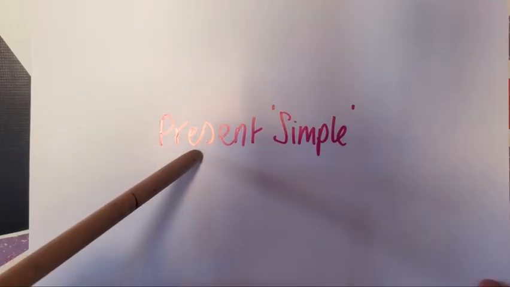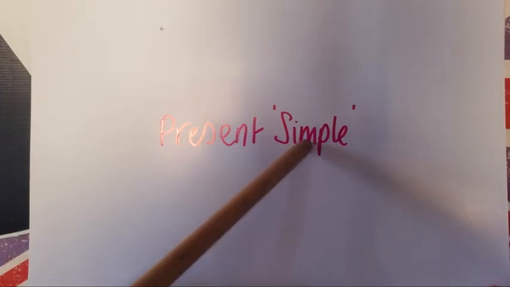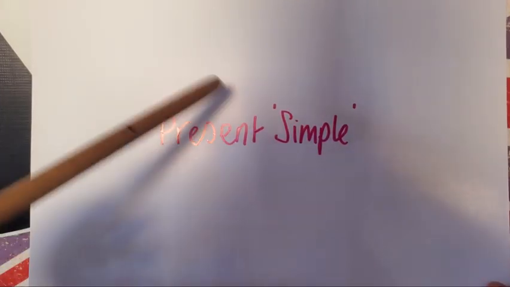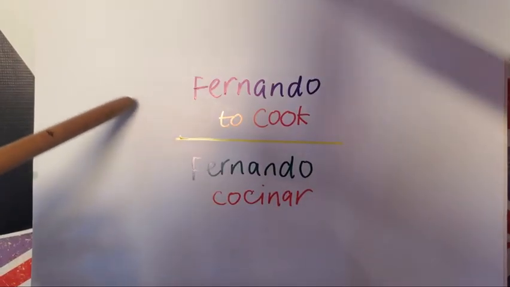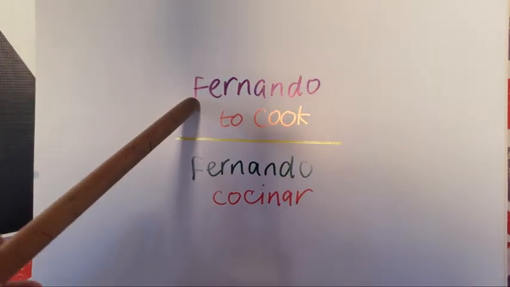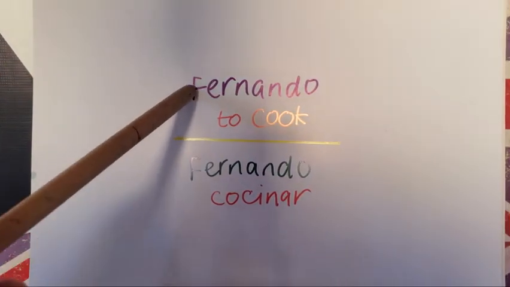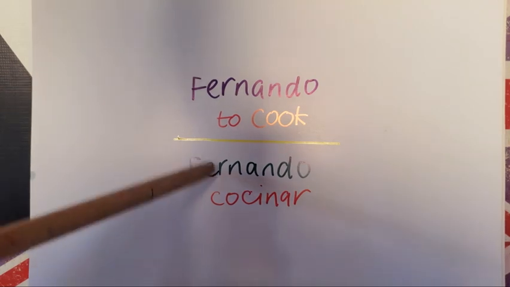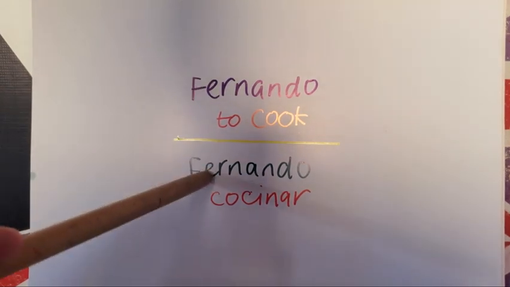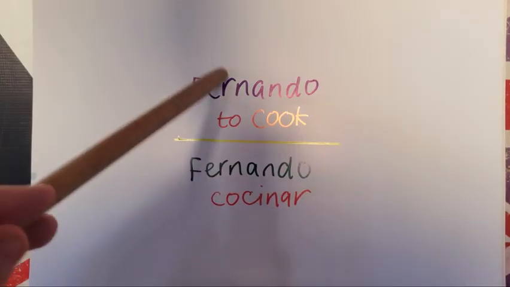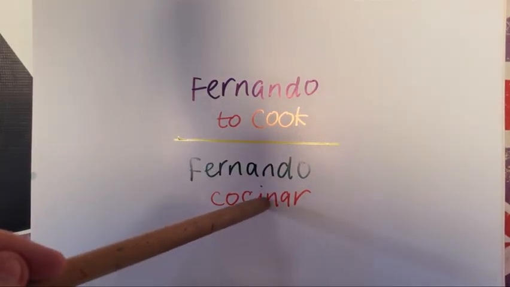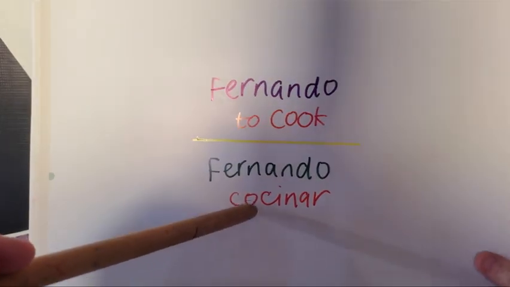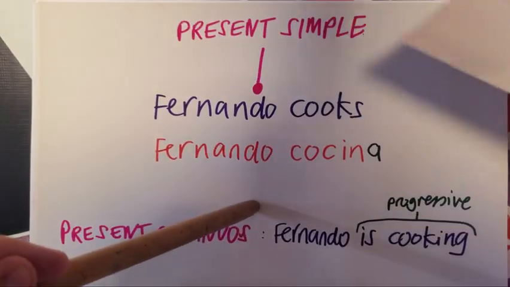Present simple. We know what simple means, don't we? It's just going to say, I cook, I swim. Fernando is the noun, and to cook is the verb. Fernando in Spanish is the same, as it's a proper noun name, which doesn't change. And cocinar, to cook, is our verb.